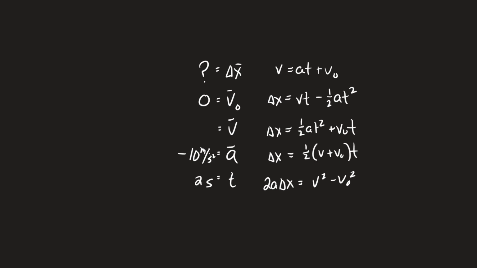Do you see that? The one that wasn't mentioned, you weren't given, and you don't need to find it. If you organize yourself, that suggests this relationship will have the 4 other things in it. And that's why you should organize yourself like this. You don't have to do very much thinking. So I'm going to choose that relationship because I know that all 4 things will be represented.